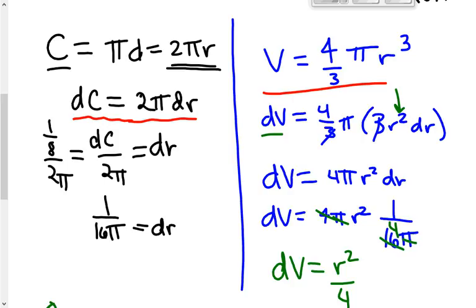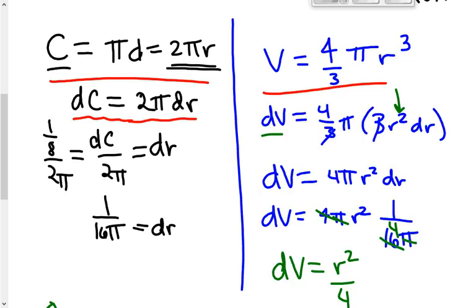I was given what dC was, because that was the tape error, because the tape was what I used to measure the circumference. So the only thing I had was this equation that related C and r. But I had to have dr in terms of something that I'd already been told from the problem. So I made that choice based on the given information from the problem. Okay? All right, we good?